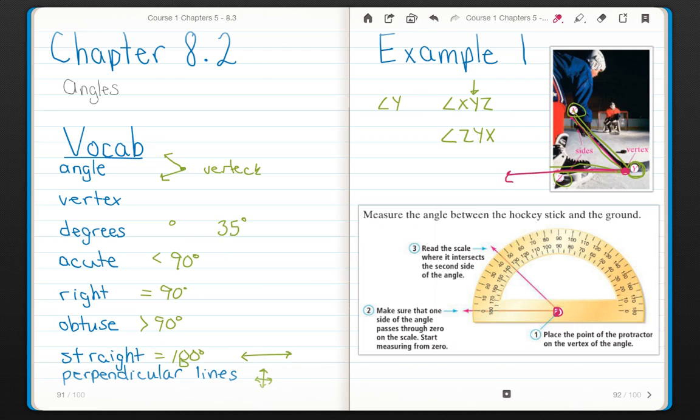Then this is the stick line. And because this line extends through 0 and I am measuring this way, I'm going to read these outside numbers as they increase, 10, 20, 30, 40, and I see that the stick line goes through 45 degrees. Okay?